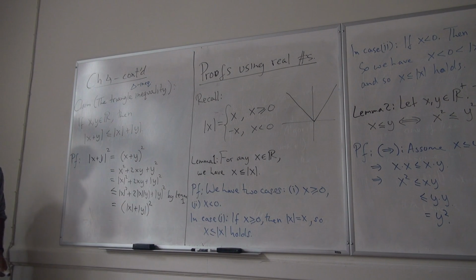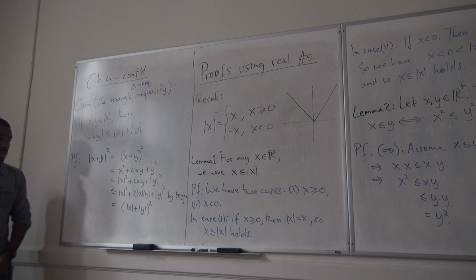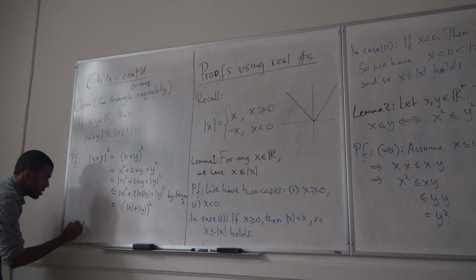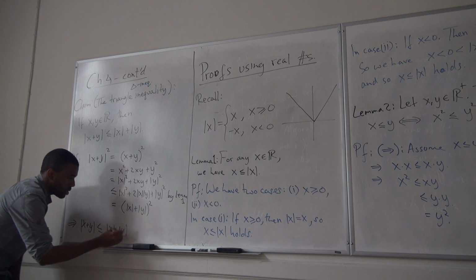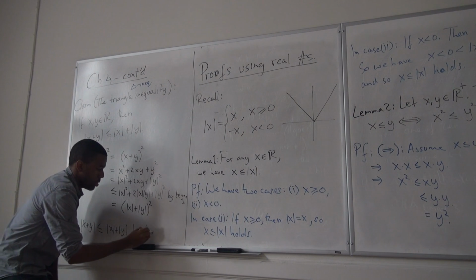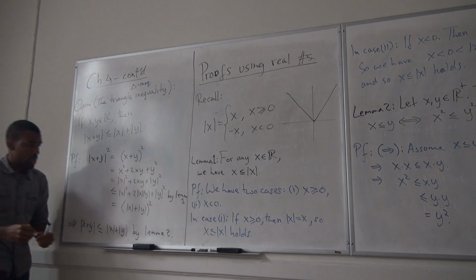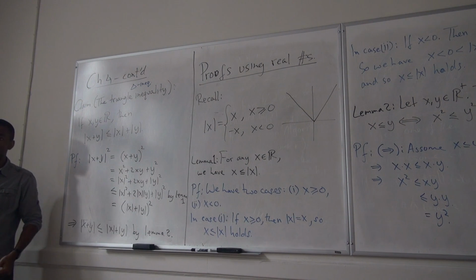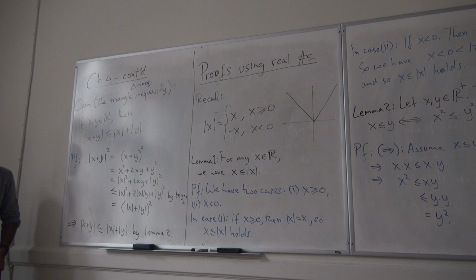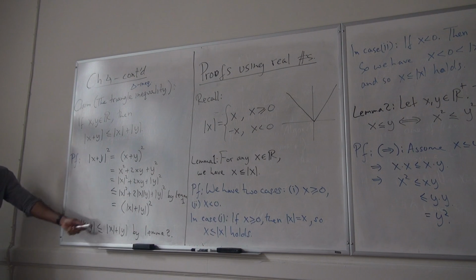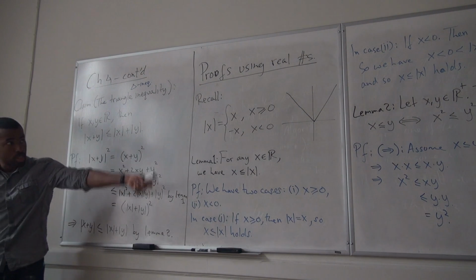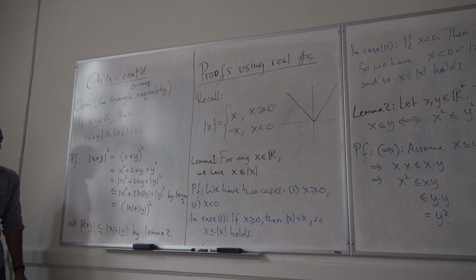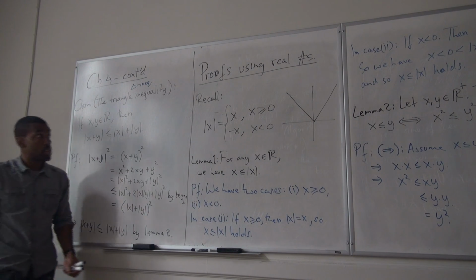And so now what I have is this squared is less than or equal to that squared, but this just means the inside, x plus y, is less than or equal to the absolute value of x plus the absolute value of y by lemma 2. I can literally just drop the squares and the inequality sign remains in the same direction. So this is one very short computational proof of the triangle inequality, and it uses these two lemmas. It's just an alternative way to think about proving things like this, other than the way the book did it.